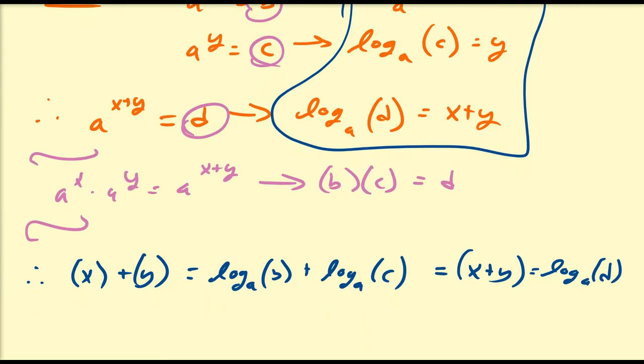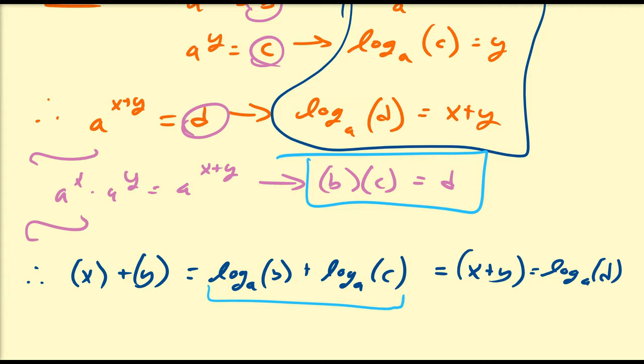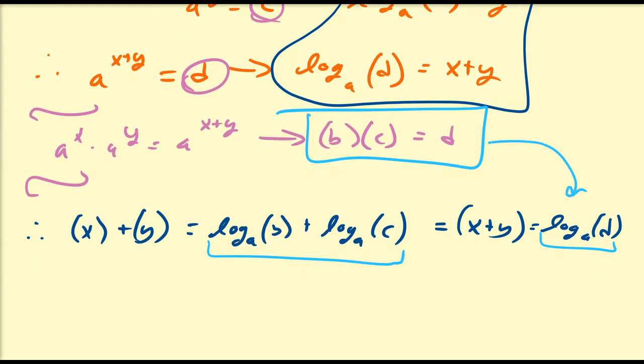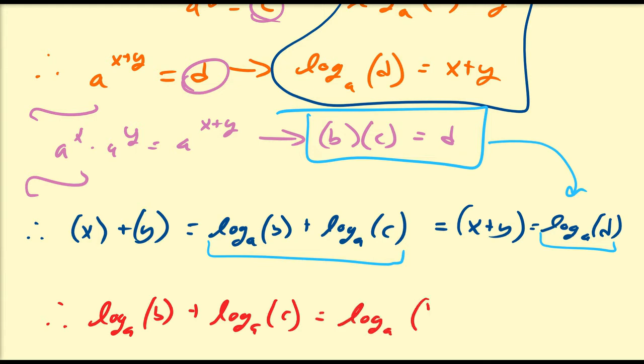But remember that d is the same thing as b times c, right? So we have log base a of b plus log base a of c is equal to log base a of d, but substituting that expression here, then we're going to have that the log base a of b plus the log base a of c is equal to the log base a of b times c.